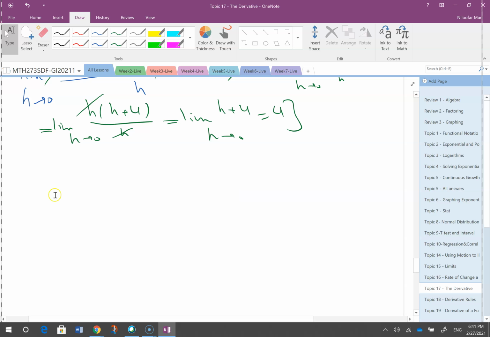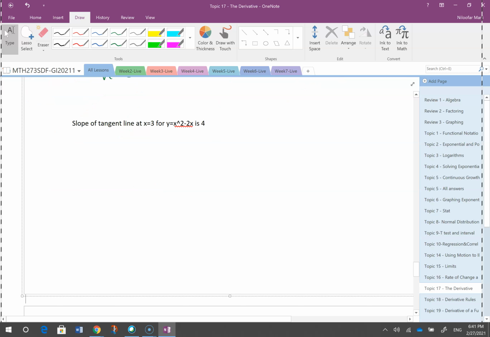Okay, so a slope of tangent line, I can write a slope of tangent line here, I can type it. A slope of tangent line at x equal 3 for y equal x squared minus 2x is 4.